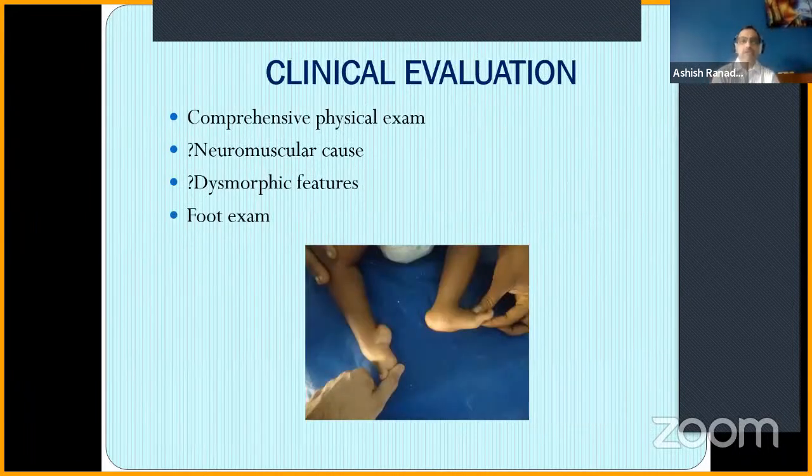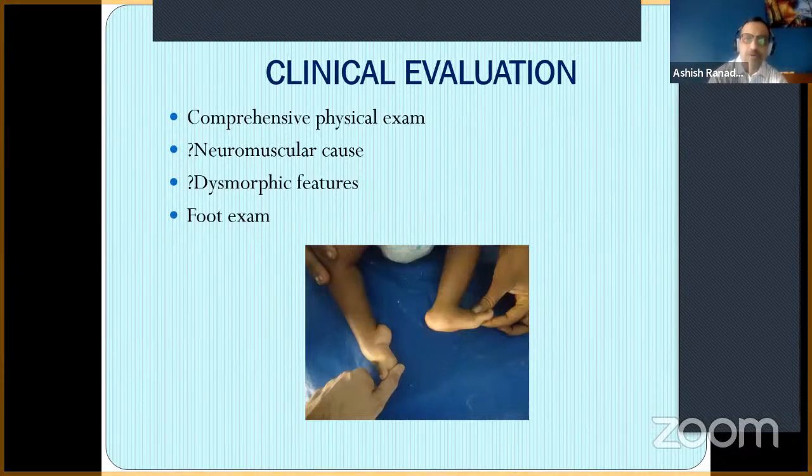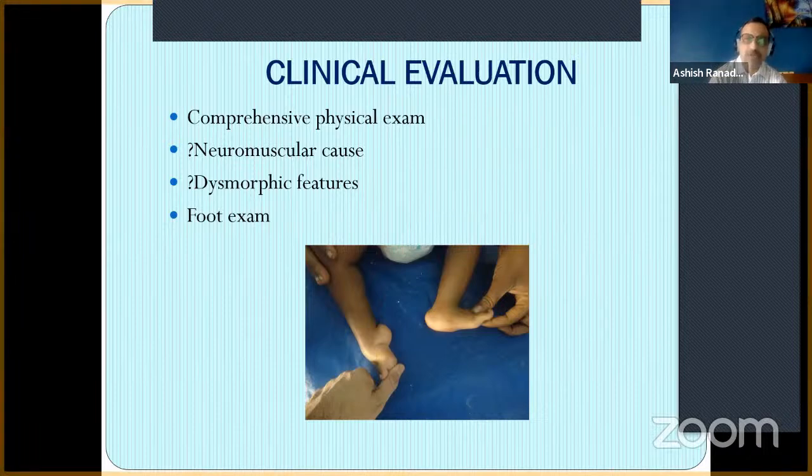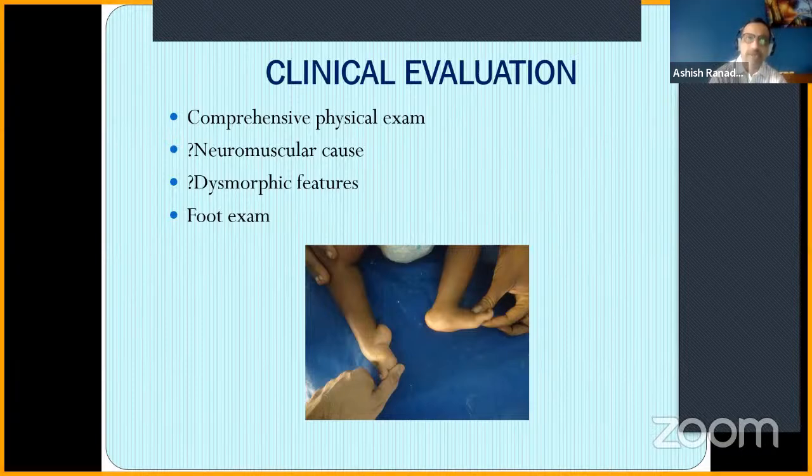Clinical evaluation mandates a comprehensive physical exam, always considering the possibility of an associated neuromuscular cause or any dysmorphic features suggestive of a syndrome or distal arthrogryposis. Any facial features should be looked for. If required, genetics and neurology consults should be obtained.